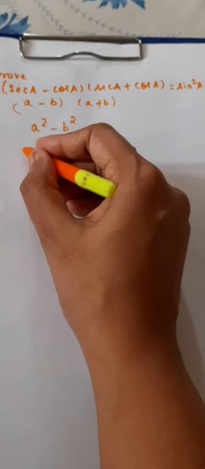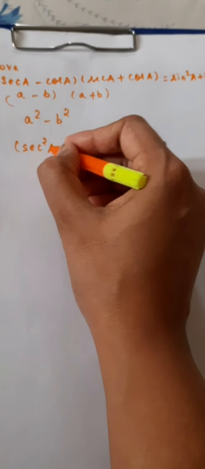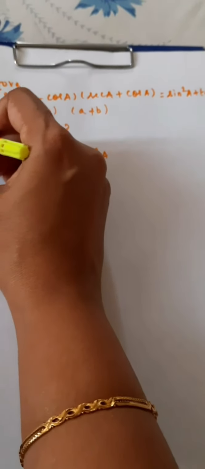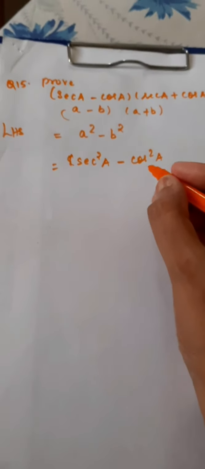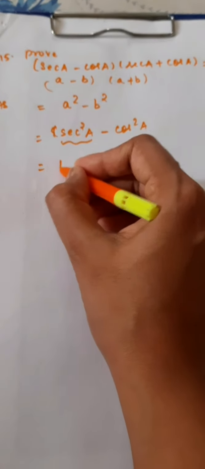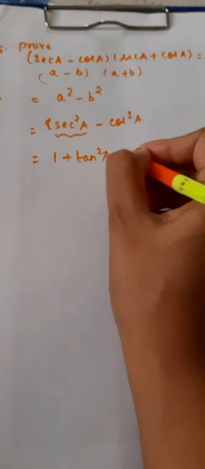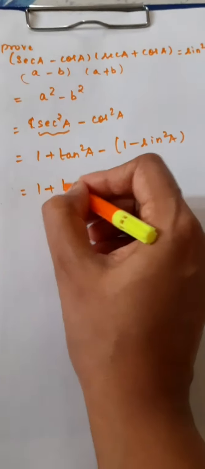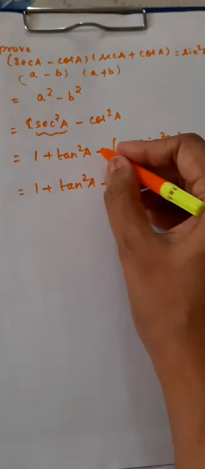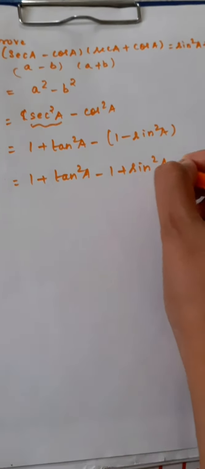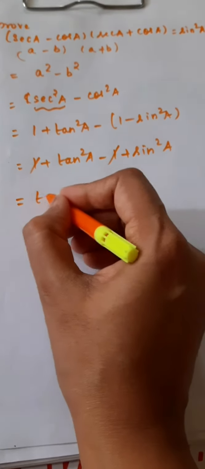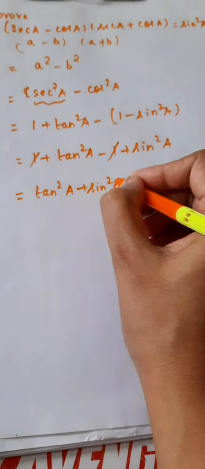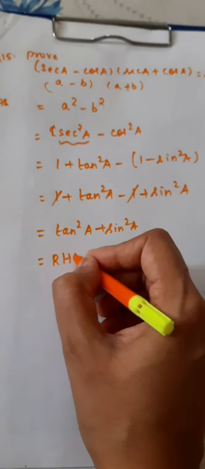So secant square A minus cos square A. Secant square can further be written as 1 plus tan square A, and cos square can be written as 1 minus sin square A. So 1 plus tan square A minus 1, minus into minus is plus sin square A. 1 and 1 go off. So tan square A plus sin square A. That is the RHS, hence proved.